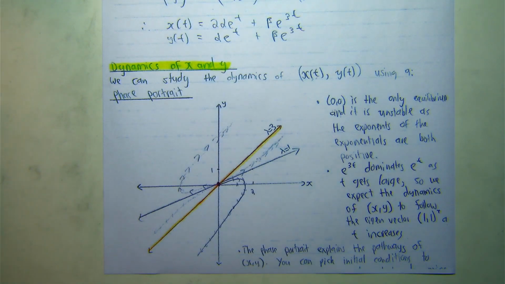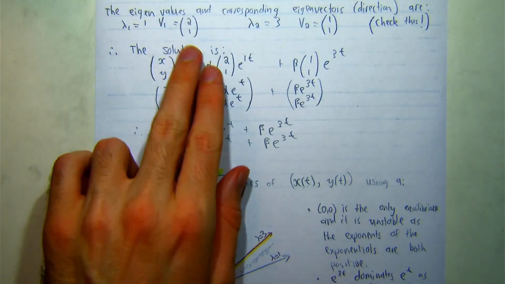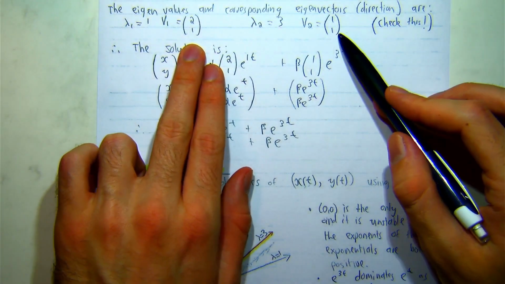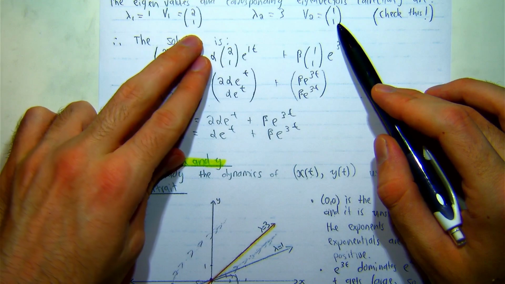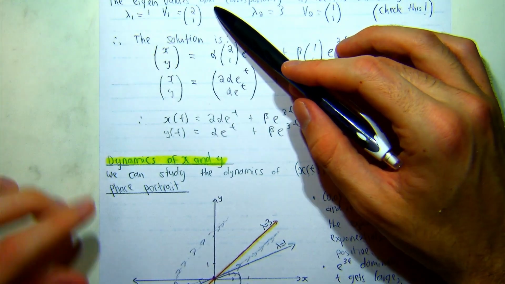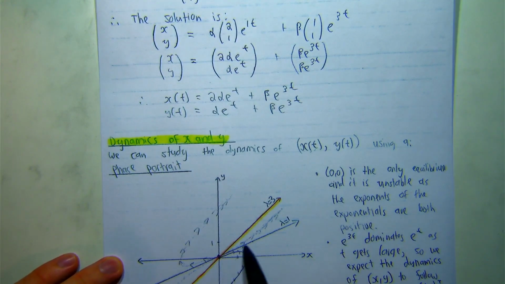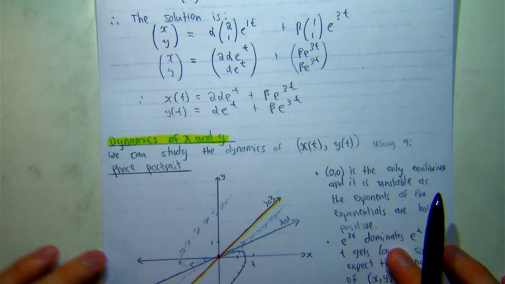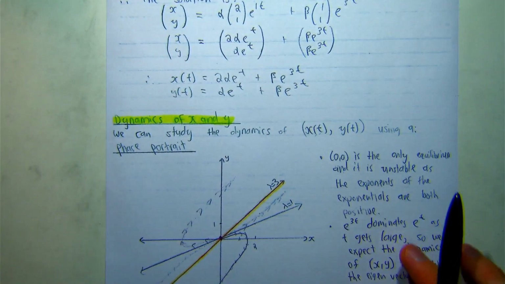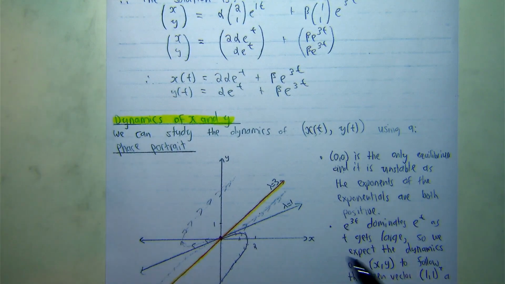First of all, you need to draw the eigenvectors. So the eigenvectors are 2, 1, and 1, 1. If we draw 2, 1 first, that means it's going 2 units in the horizontal axis, 1 unit in the vertical axis. And this line here is categorized by the eigenvector direction 2, 1.